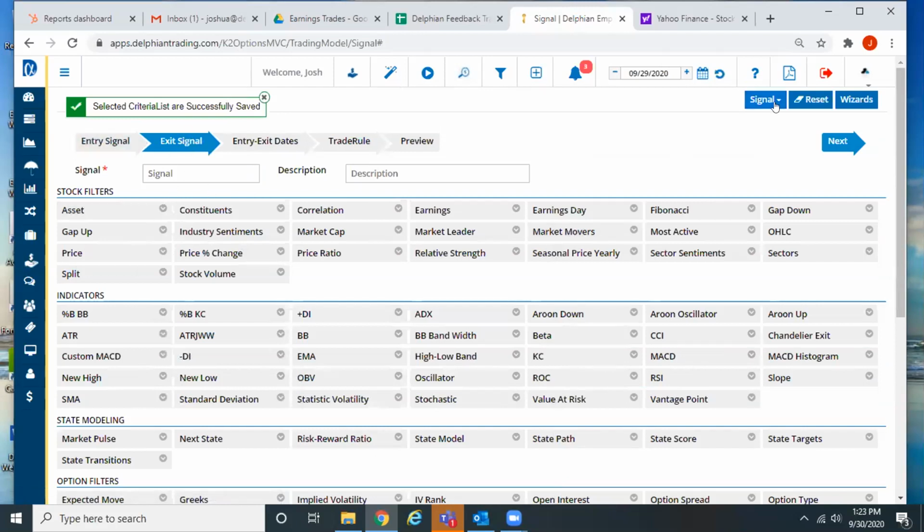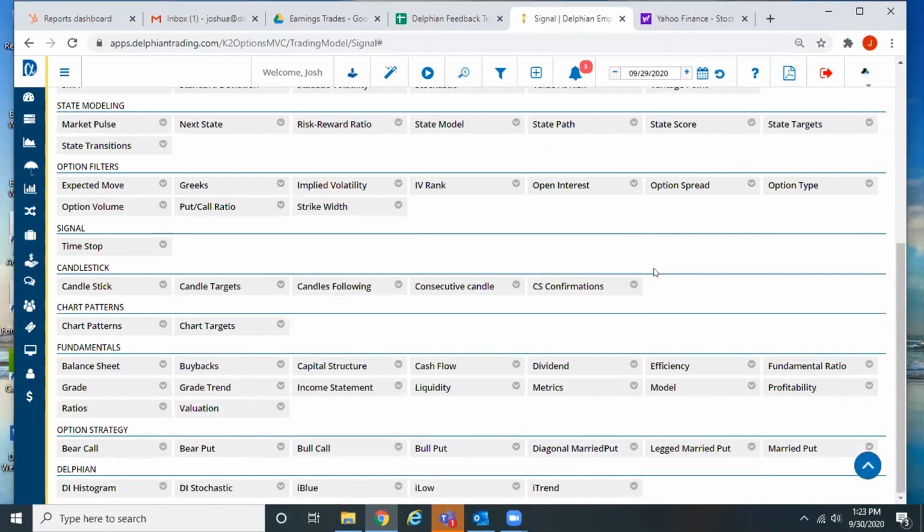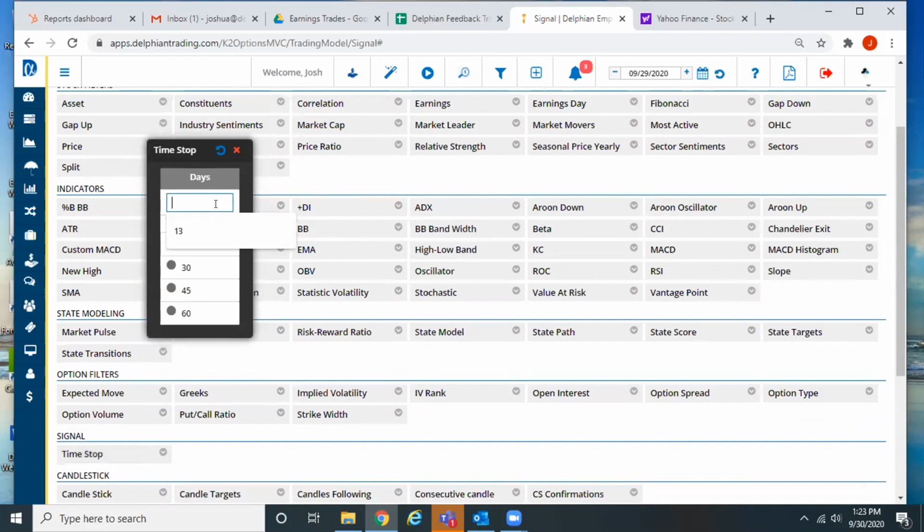Some people are confused about this. I just do pretty much every time a time stop. What that does is, after every entry, it'll close the trade 100 days later or something like that. So it just gives you a big chunk of time, and you manage the trade via your stop loss and profit target.